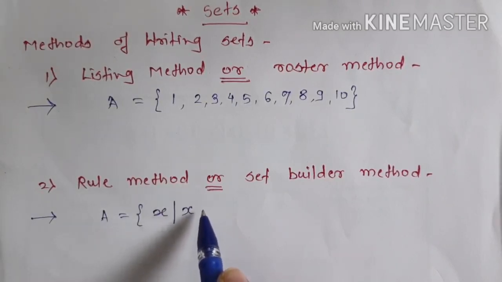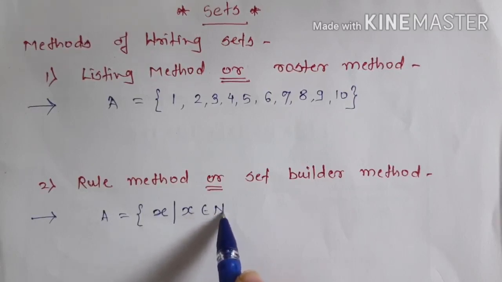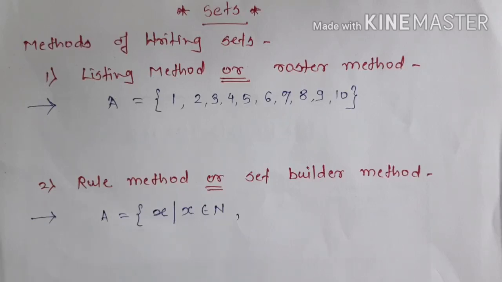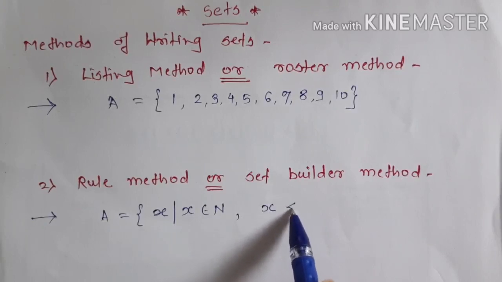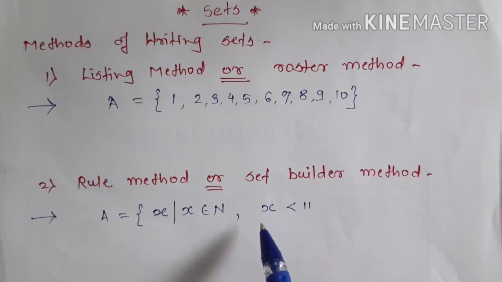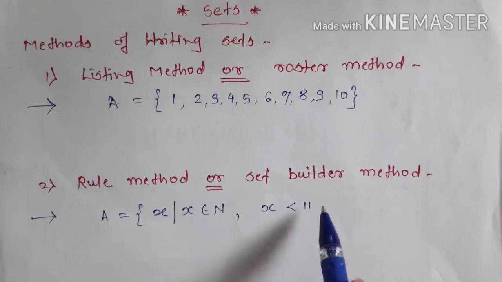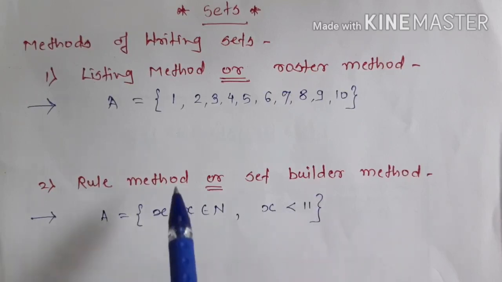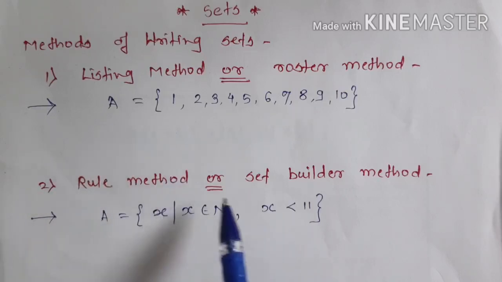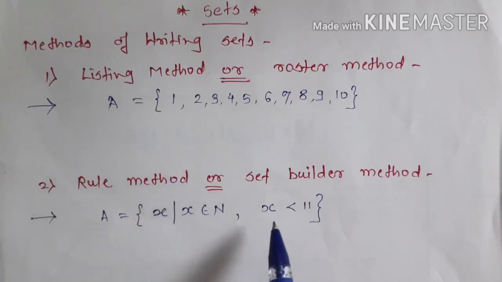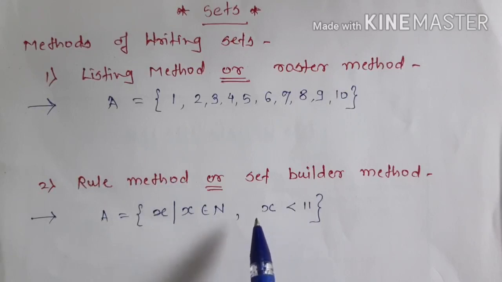So we write the property: x belongs to capital N, that is the set of natural numbers, and the condition provided is that the natural number must be less than 11. So we need only those natural numbers which are less than 11, and the curly bracket is completed. The same set we have written here by the rule method, where we have declared a property of the elements that the set contains. So these are the two methods by which we can write a set.